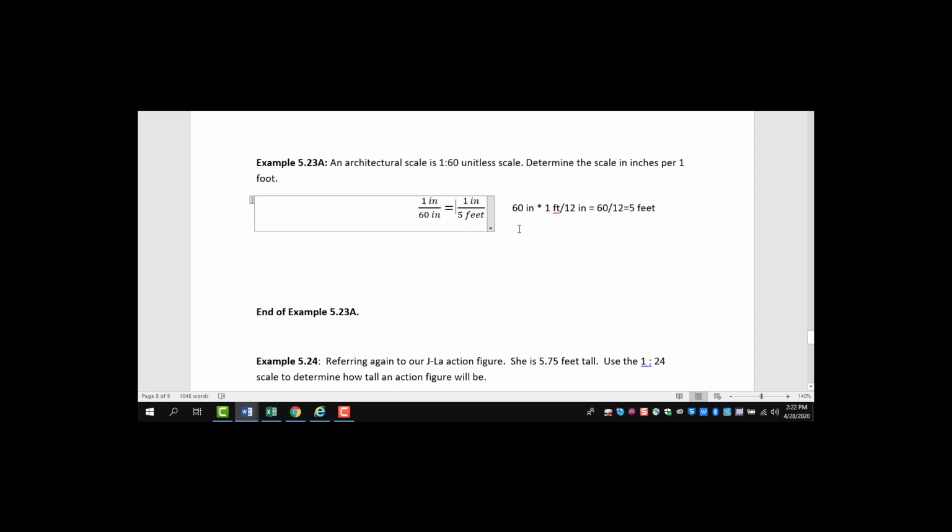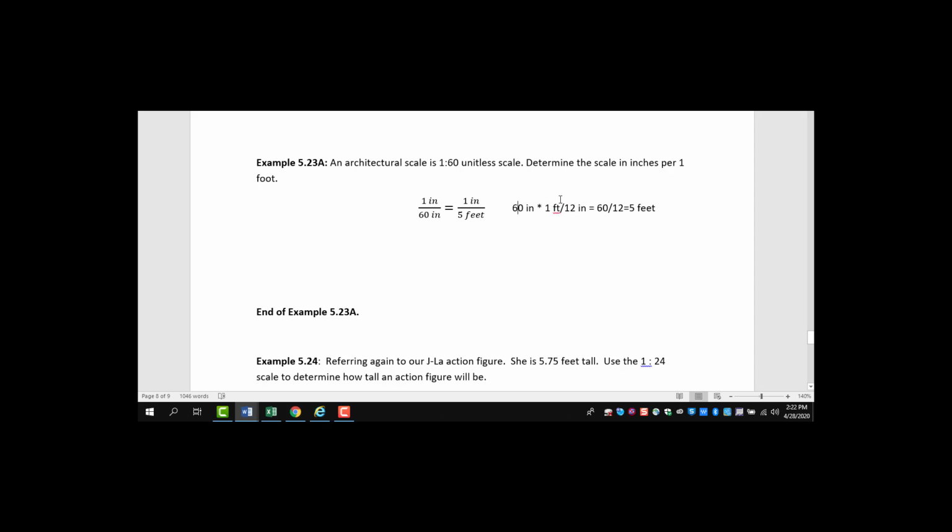So let me put that up there for you, just so you get how I did that. I went 1 inch to 60 inches. Why did I use inches? Because I'm going to convert inches to feet here. And now there's my conversion, inches to feet: 60 inches times 1 foot over 12 inches.